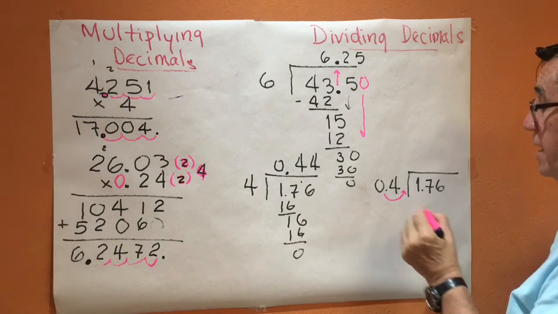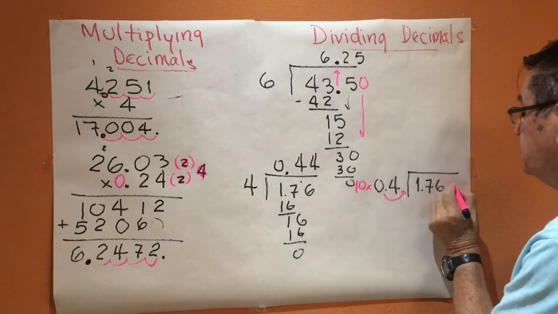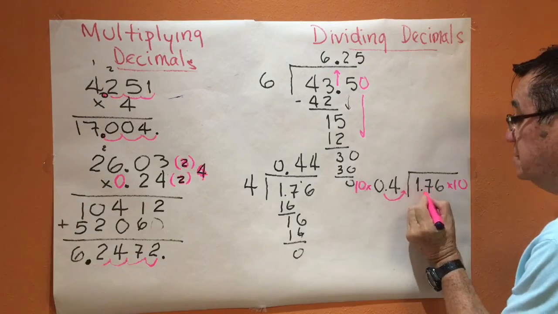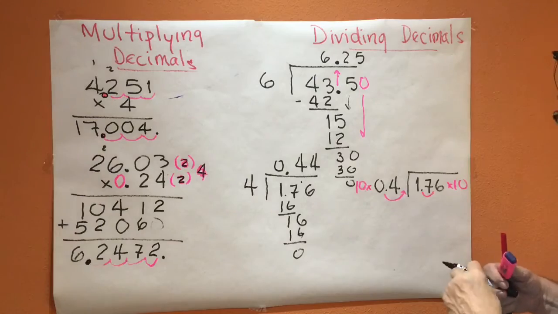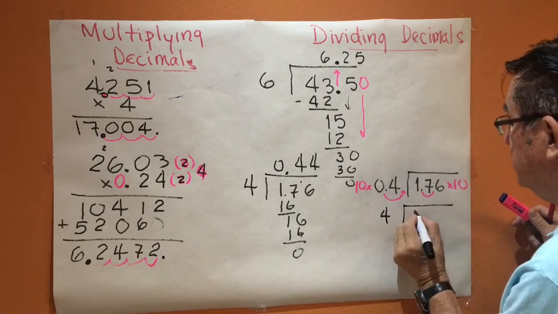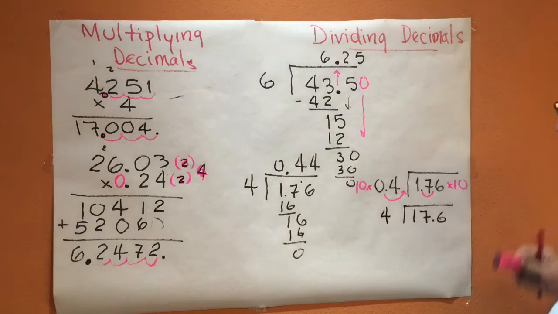To do that, I will have to multiply this by 10. And I have to do the same here, otherwise the number will not be the same. So my number is going to be like this: 4 that divides 17.6. Okay, now I can do it.